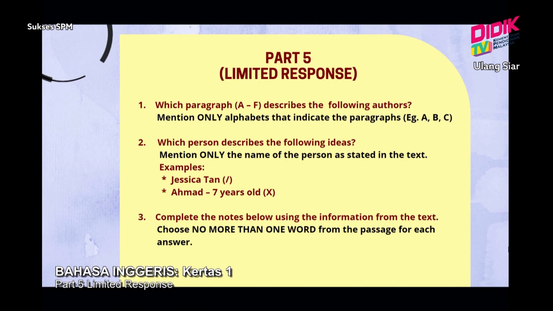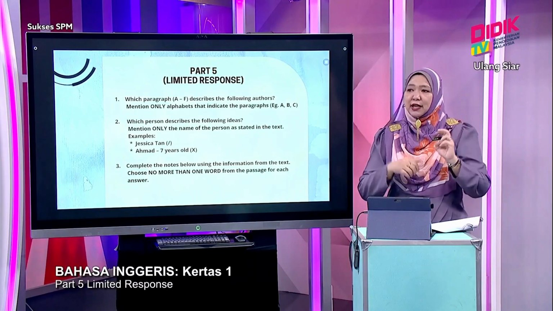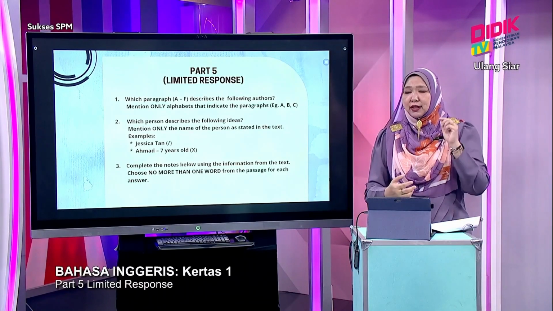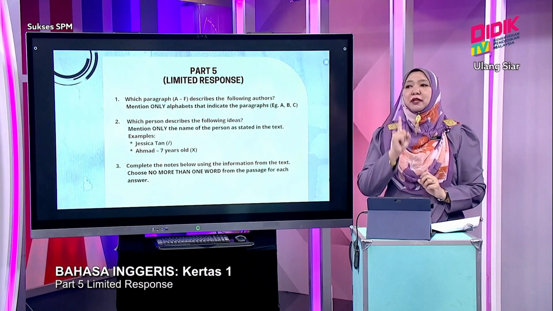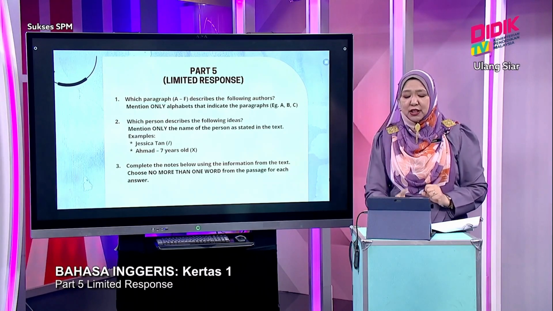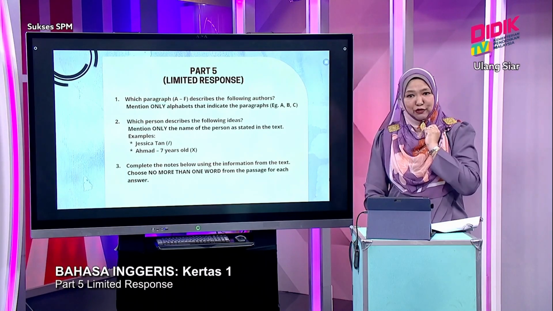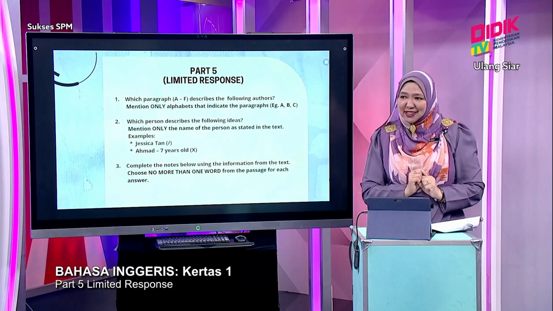For example, you have A, you have B, until we have F. There are 6 persons there, so we have A until F. Even though there are names of the persons, don't ever mention the name, because the instruction is which paragraph. You have to follow the instruction.